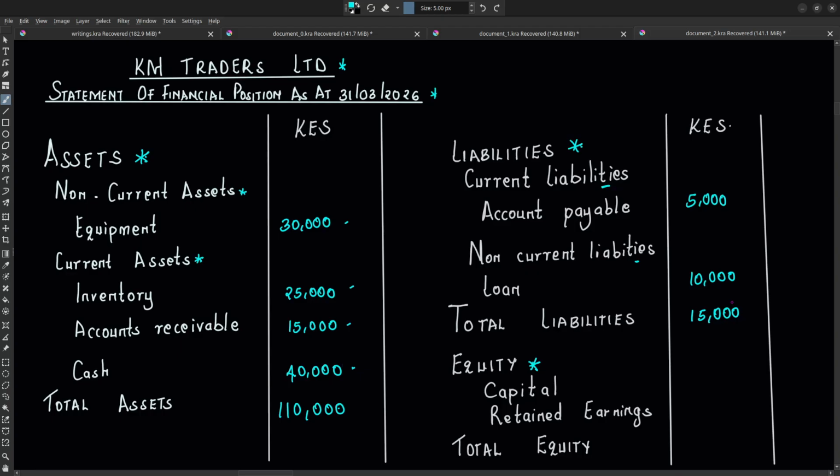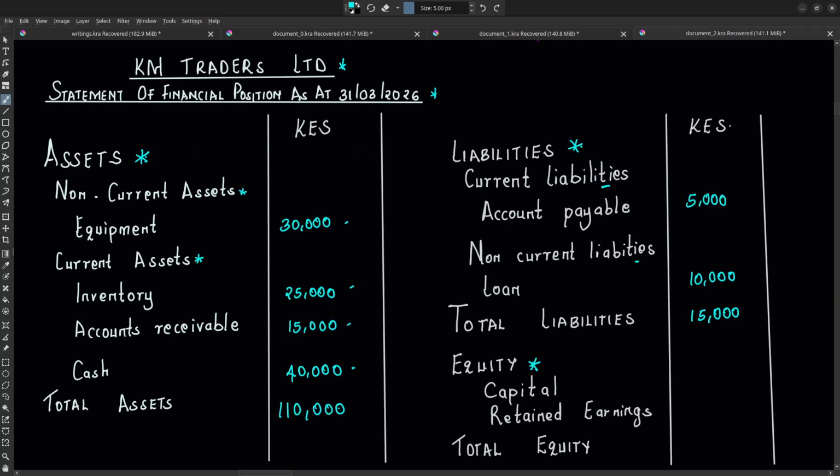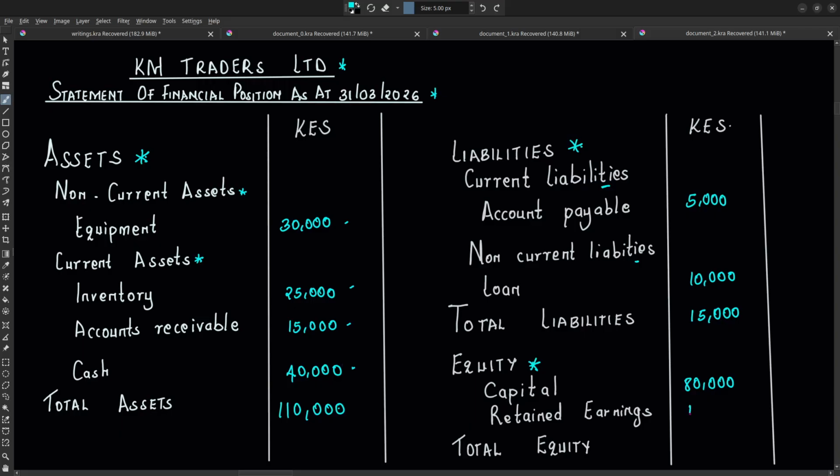Now let us look at equity. We have recalculated our equity by reducing drawings. So we had 90,000 minus 10,000, and we got 80,000. So here we are going to have a balance of 80,000. Remember now the retained earnings, or rather the net profit, where we calculated and got the retained earnings as 15,000.